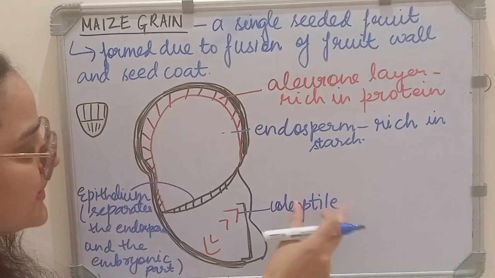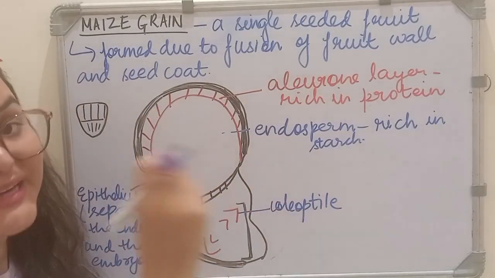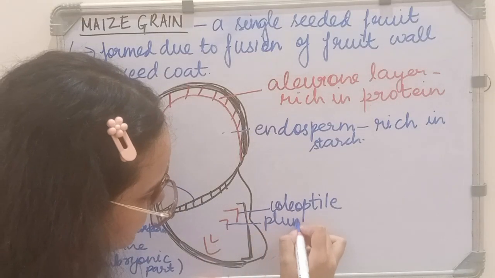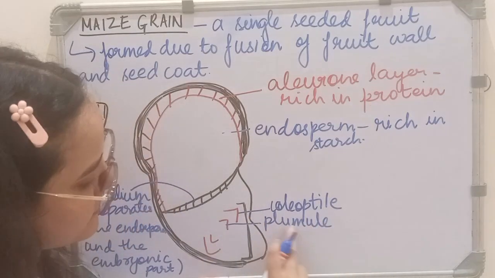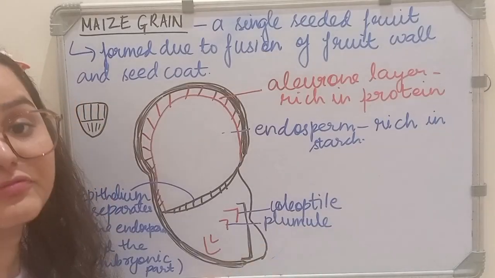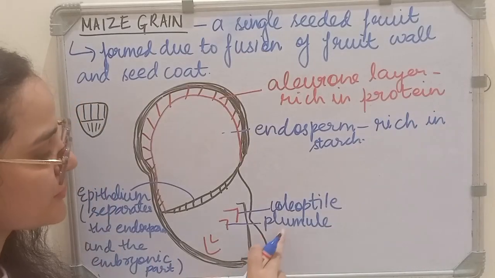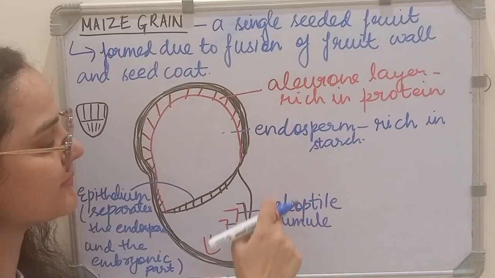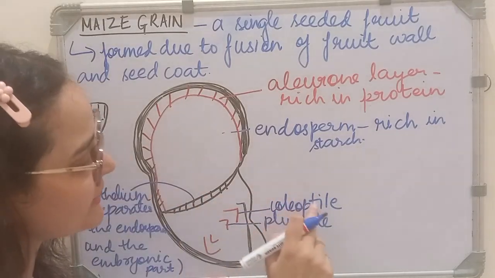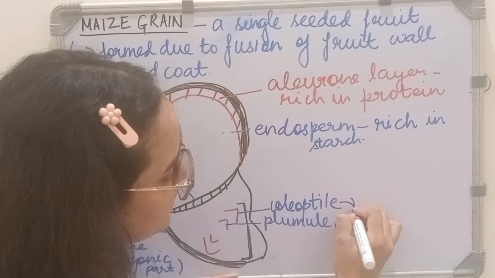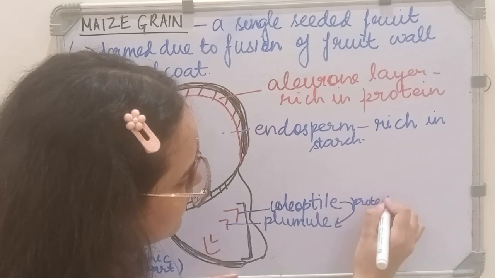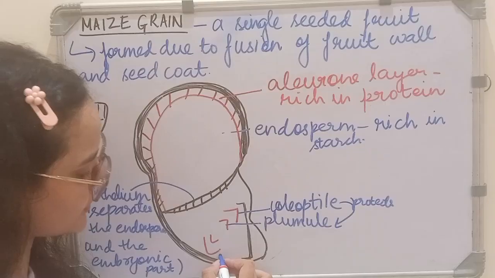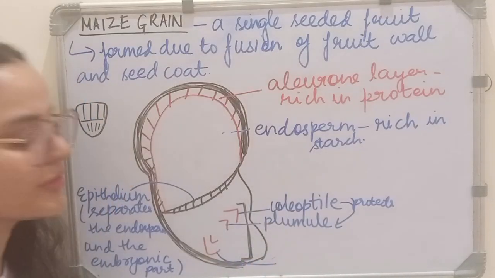This coleoptile protects the plumule, which is responsible for the formation of the shoot. So this plumule forms the shoot, and it is protected by this coleoptile. Now this lower portion is called coleorhiza.